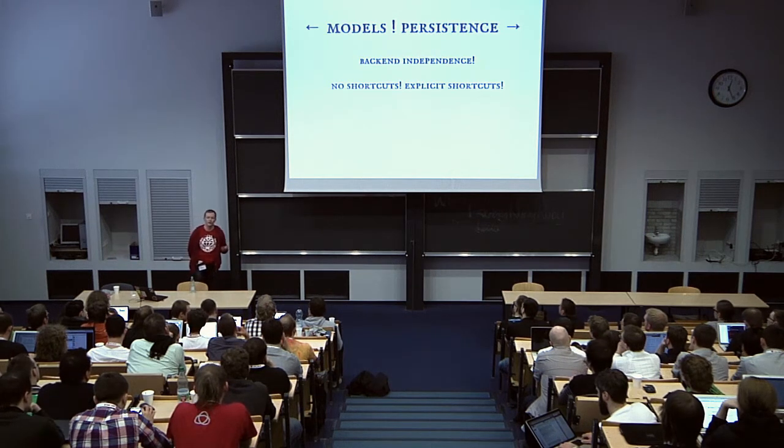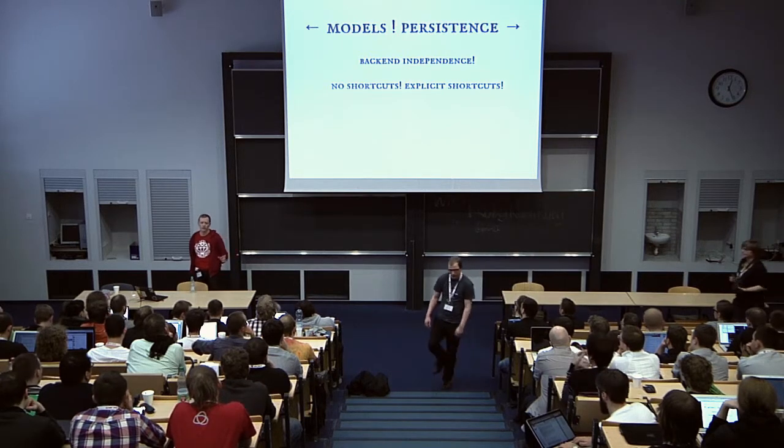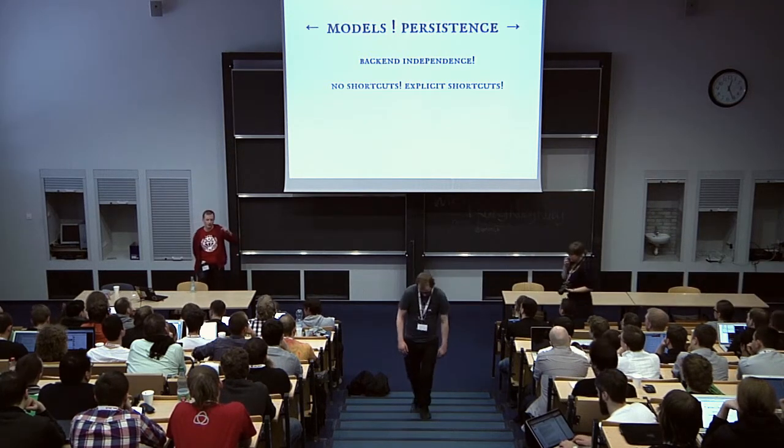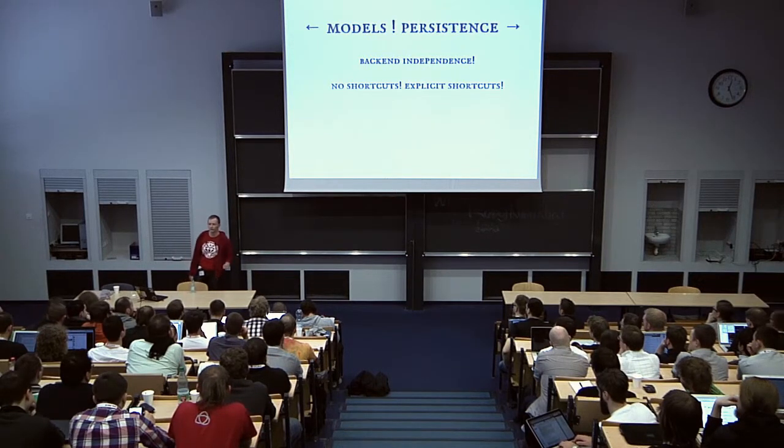Explicit shortcuts, on the other hand: PostgreSQL has a coordinate data type. You can say that this table cell holds geo coordinates, and you can ask the database, give me all the people who are in a 5-kilometer radius around those particular coordinates.